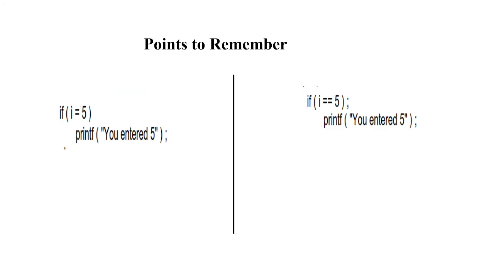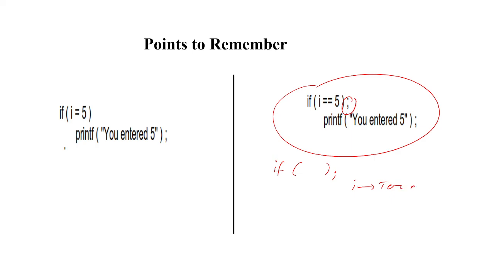In the second example, we have used a semicolon here. If we are writing a conditional statement, then we should not use this semicolon. It will terminate the statement; semicolon is a terminator operator.